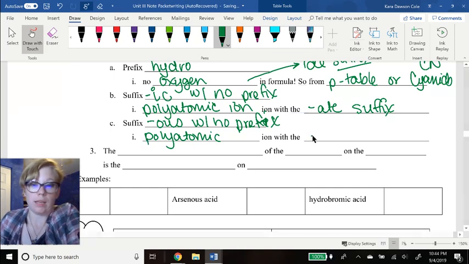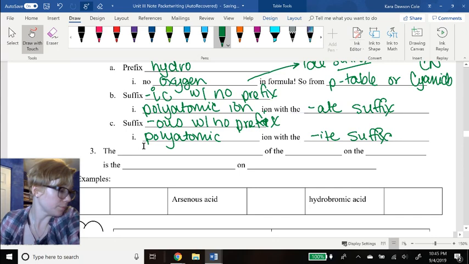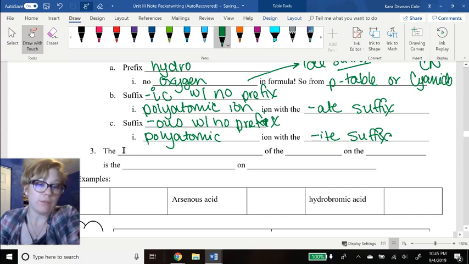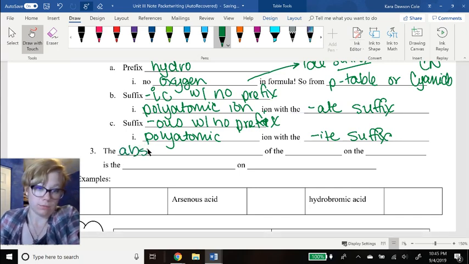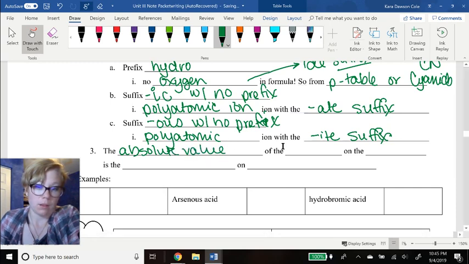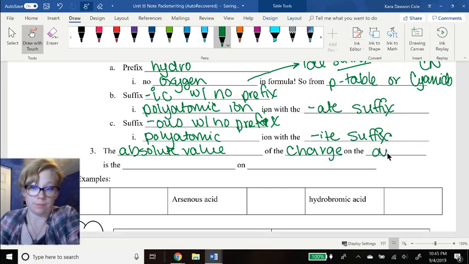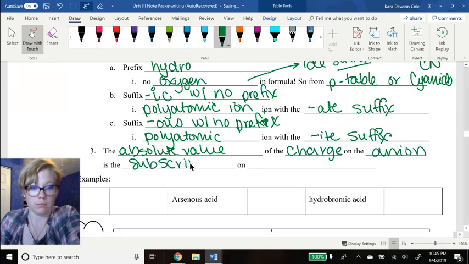The absolute value of the charge on the anion is the subscript on hydrogen.